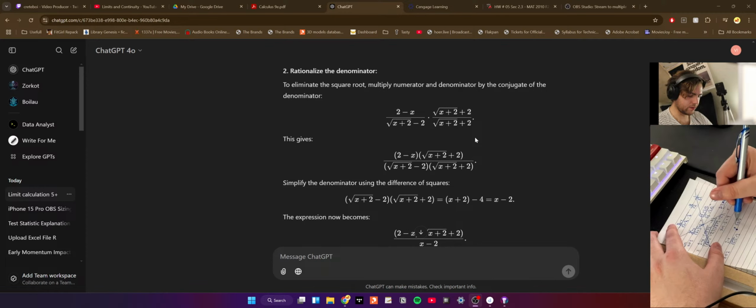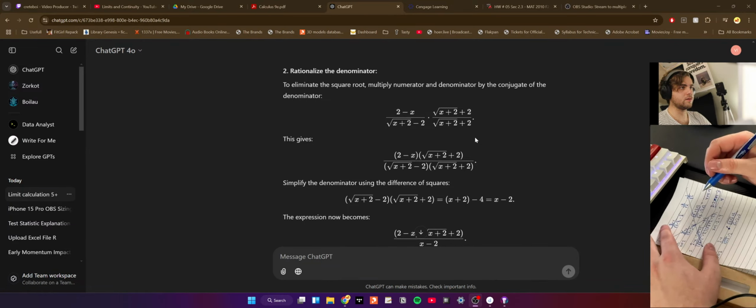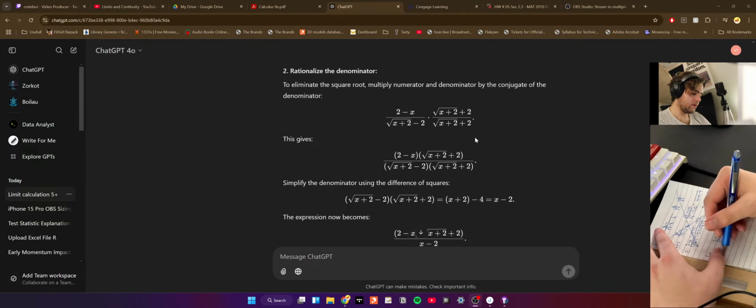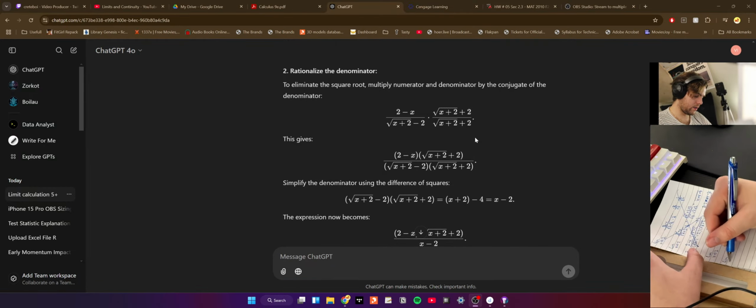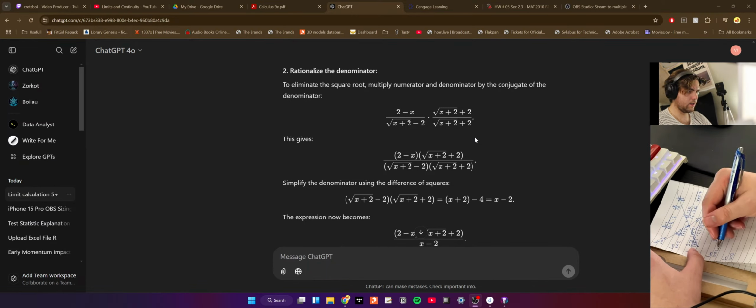x plus 2 over square root of x plus 2 plus 2. Now, we're going to write out the full equation. The limit as x approaches 2. Sorry.